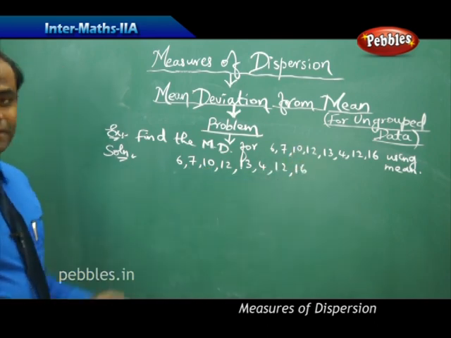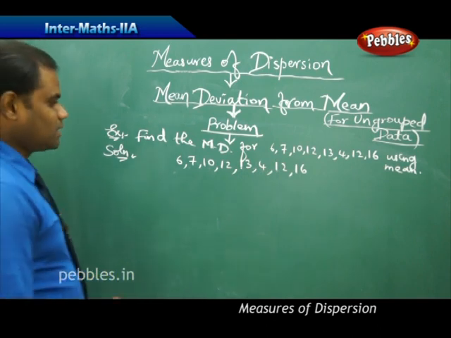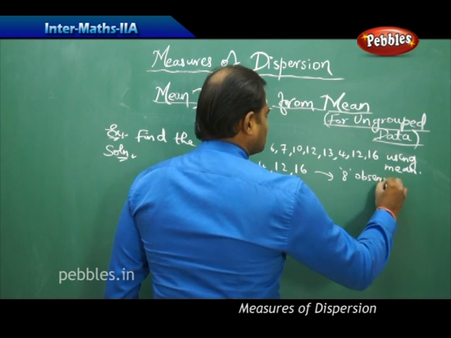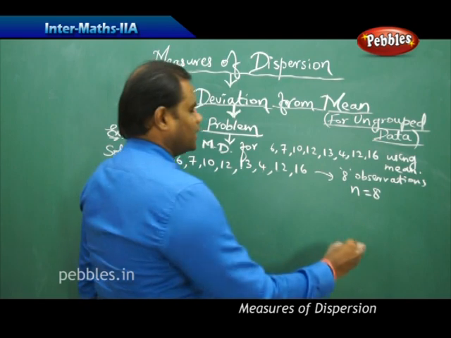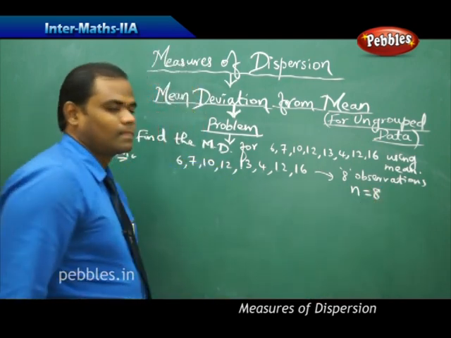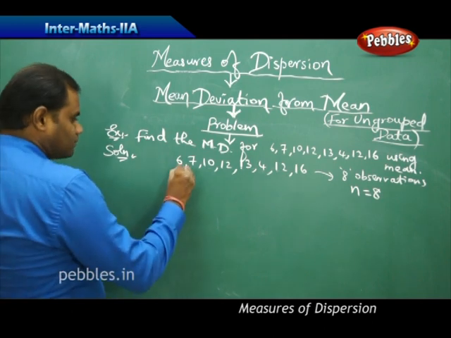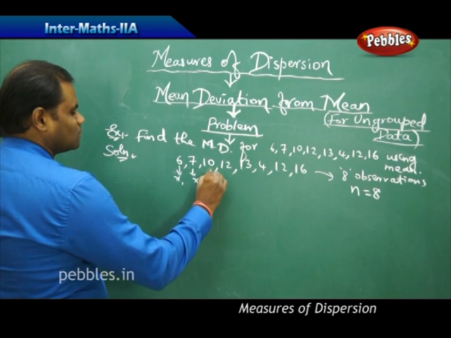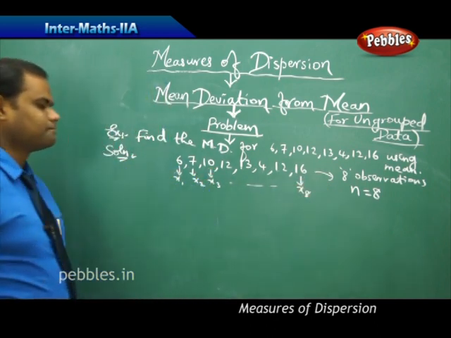There are 8 observations, so n is 8, and each is represented by x1, x2, x3, so on till x8.